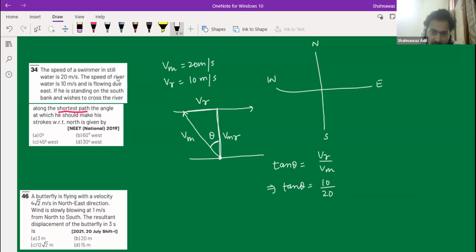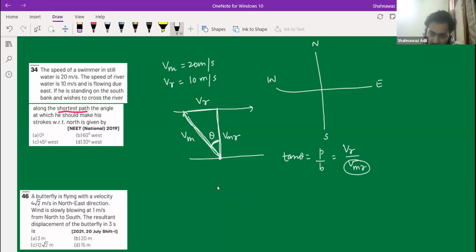Okay, so this we have to first find out, because tan theta would be perpendicular by base. This is the hypotenuse, not the base. So tan theta is VR divided by VMR. So VMR we have to first find out.